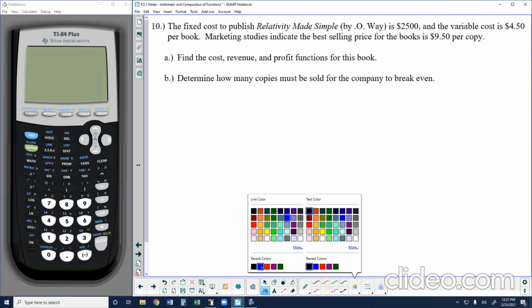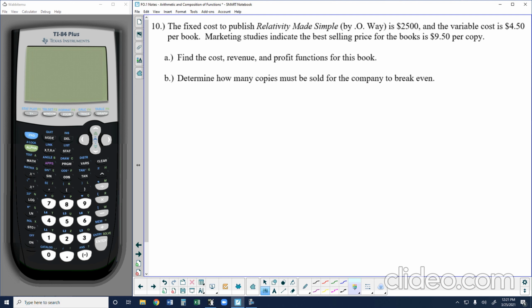So first, in A, we need to find cost, and let's let cost be C of x. Cost deals with two different things. We have a fixed cost, which is $2,500, and a variable cost, which is $4.50 per book. The fixed cost means that that number value is never going to change. And so we can represent that cost with $2,500.